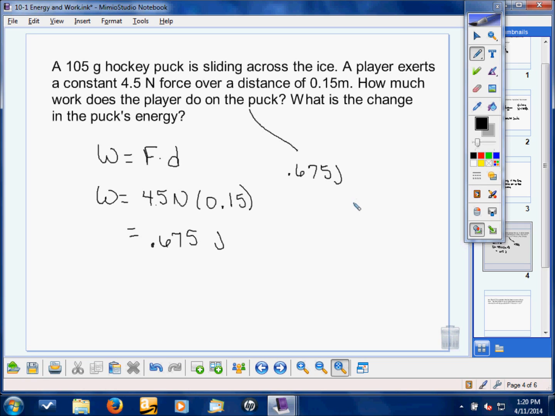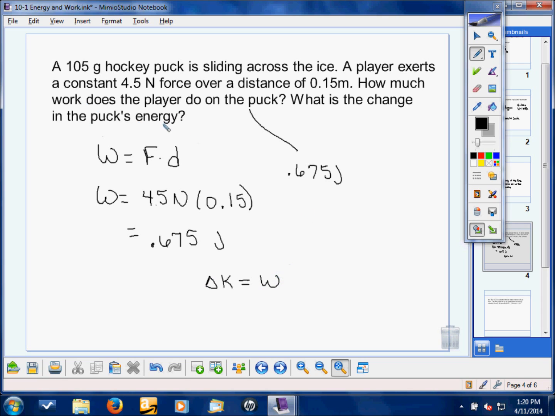So what do you think about the second part of the question, the change in the puck's energy? You would solve for K and then change in K would be... Remember our work energy theorem? It says delta K equals what? Work. So it's the same thing.